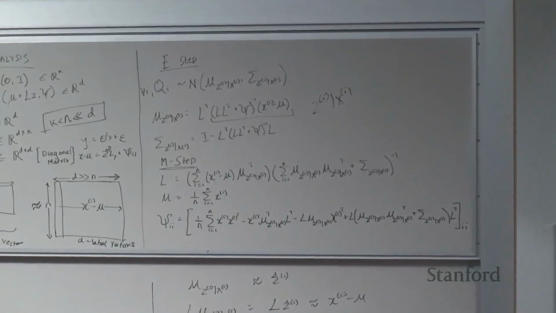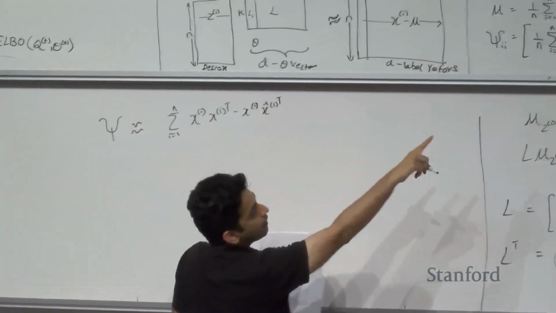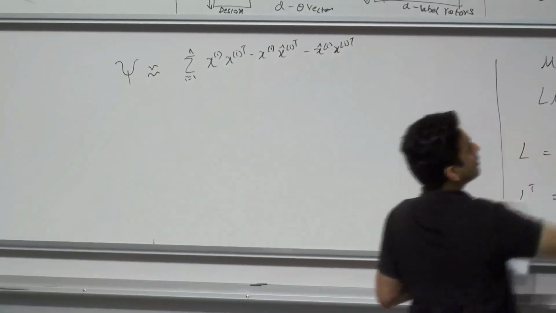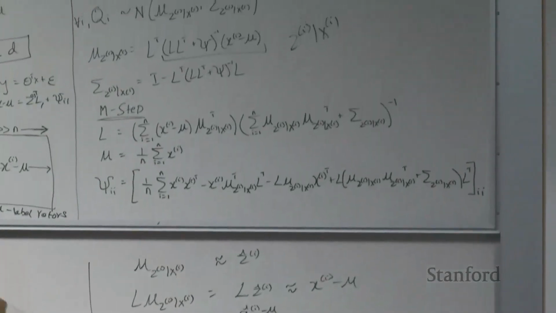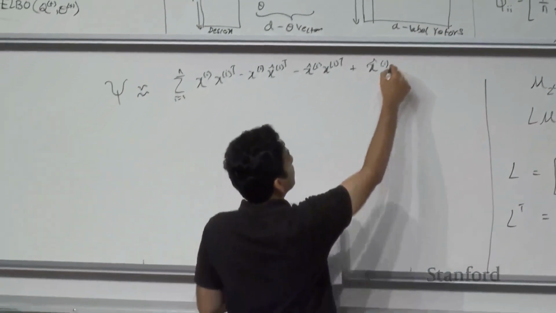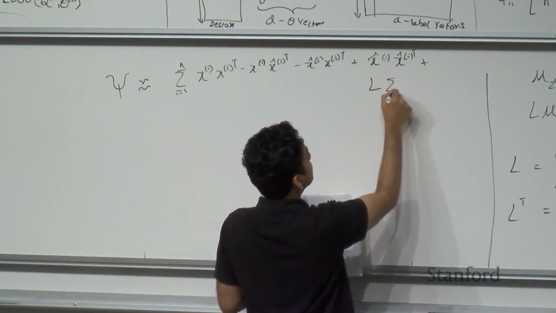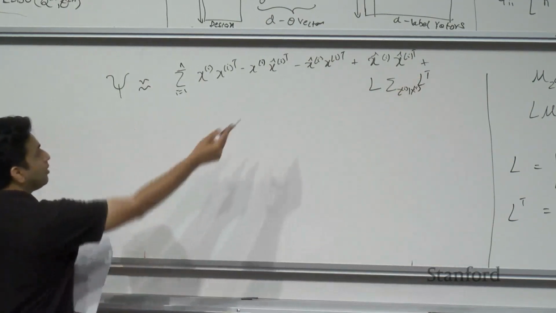So that is minus x_i, x hat_i transpose, and then L mu is again x hat_i minus x hat_i x_i transpose, minus, if we expand the matrix on the other side, we get plus L mu, think of it as x hat_i, x hat_i, and the L comes from the other side, x hat_i transpose, plus L sigma z_i given x_i L transpose, right?